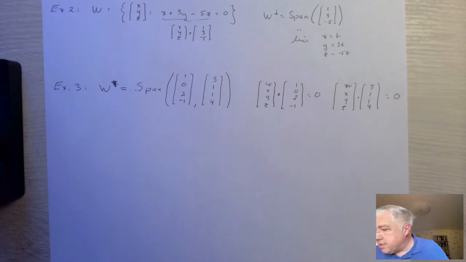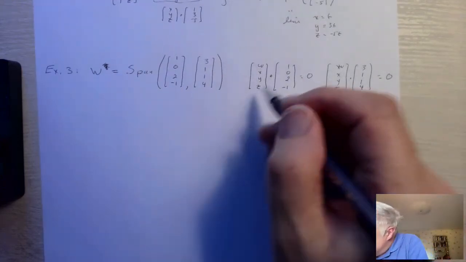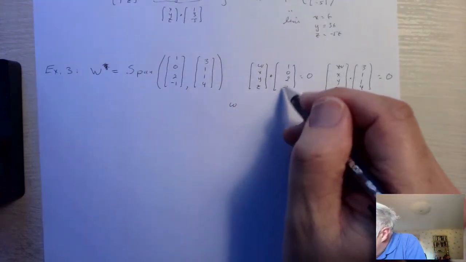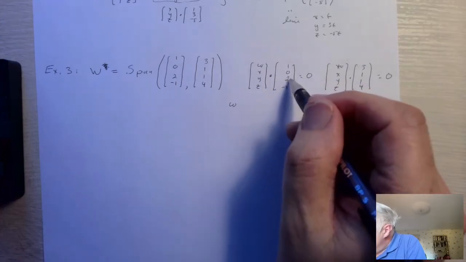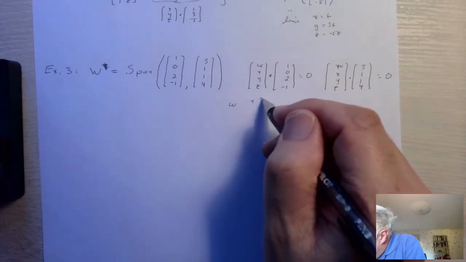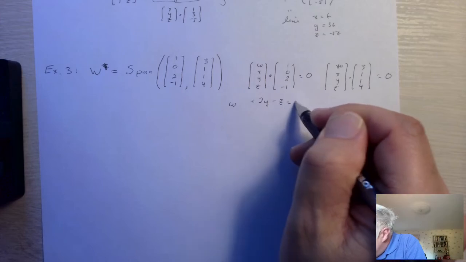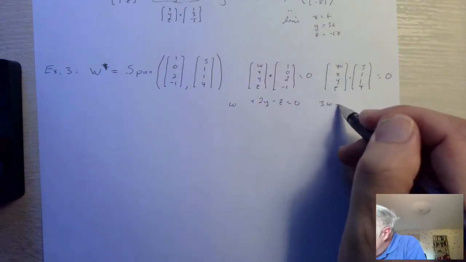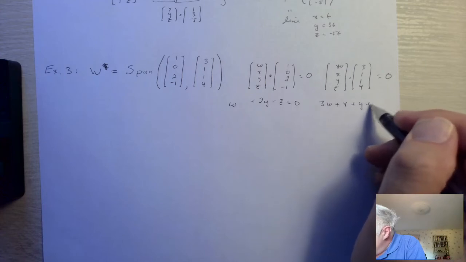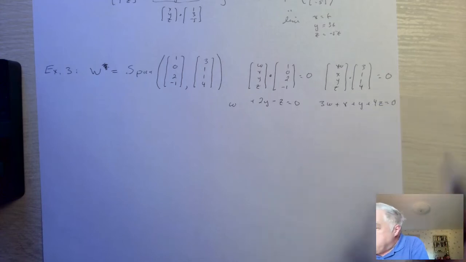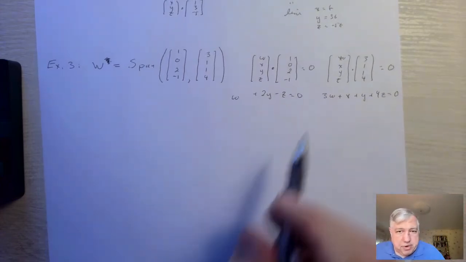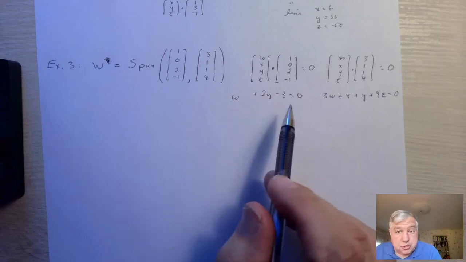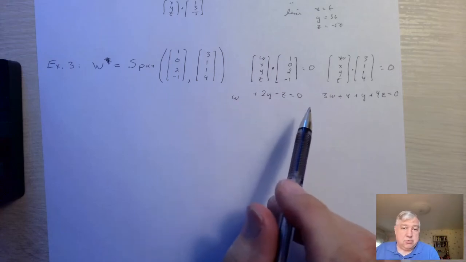Okay, this is going to correspond to the equation 1 times w plus 0 plus 2y minus z equals 0. And this corresponds to the equation 3w plus x plus y plus 4z equals 0. So we have two equations and 4 unknowns.